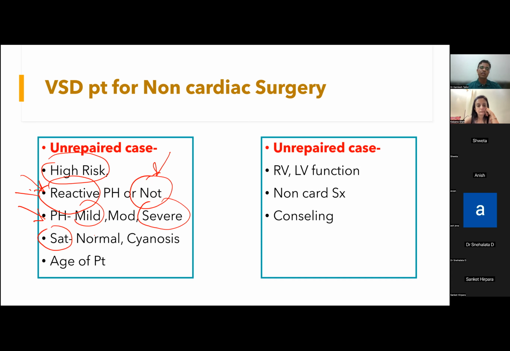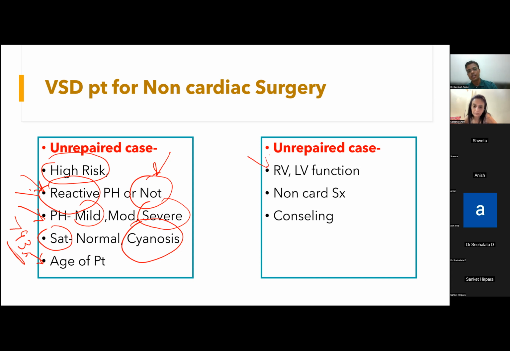Saturation, as mentioned, should be normal, or more than 93%. If it is less than 93%, it is termed clinical cyanosis, and one should look for Eisenmenger syndrome or another problem for why the saturation is low in a left to right shunt. Age of the patient: in an unrepaired case, the higher the age, the higher the risk, because development of pulmonary vascular occlusive disease is higher in this age group.